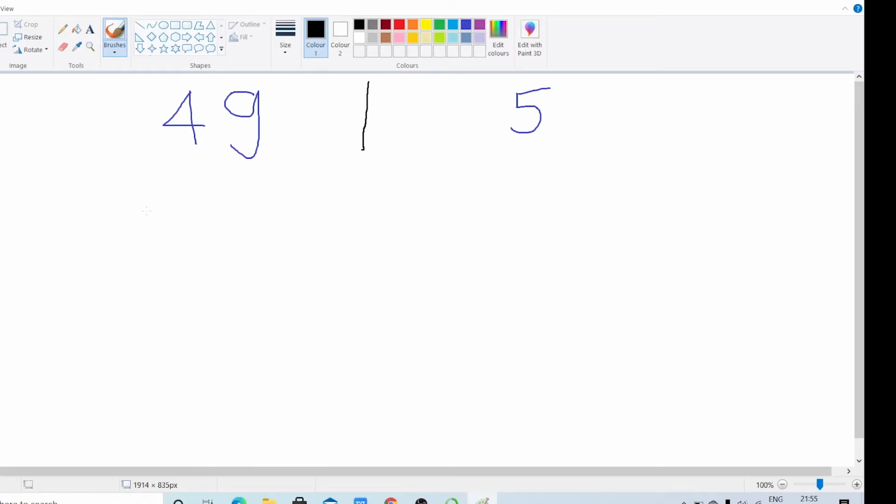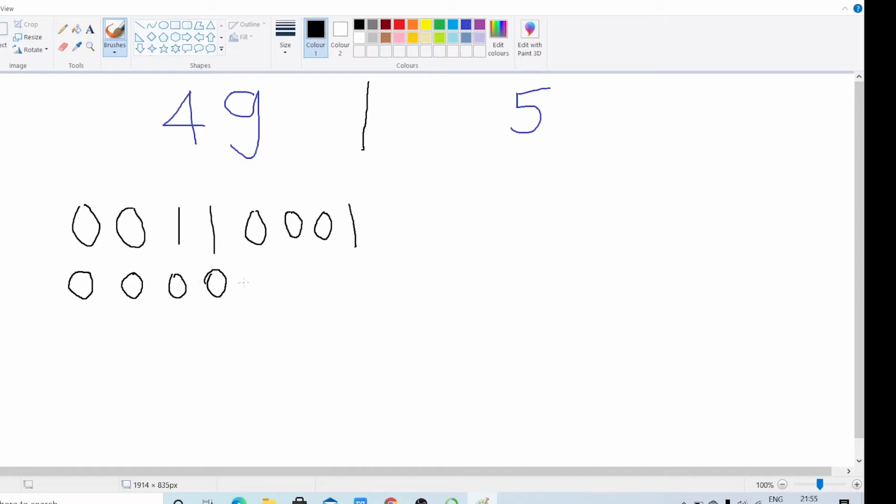We know that the binary of 49 is 0 0 1 1 0 0 0 1. This is the binary format we found for integer 49. The binary for 5 is 0 0 0 0 0 1 0 1.